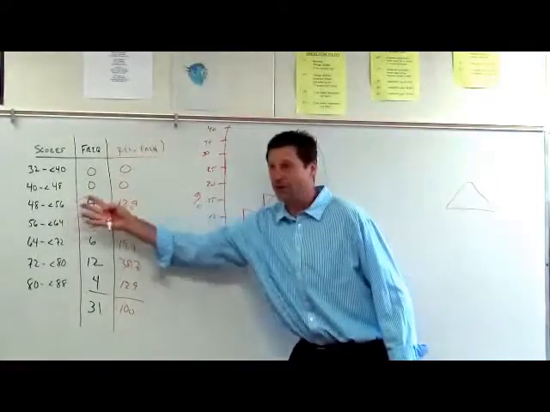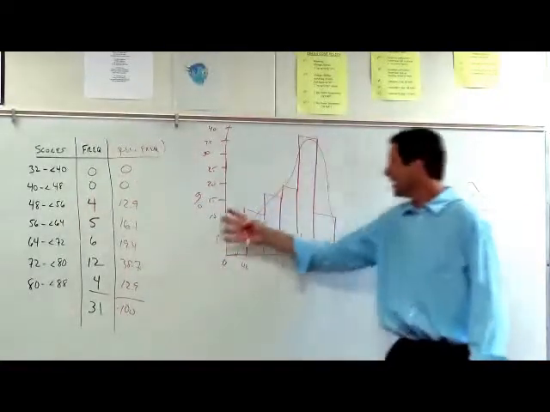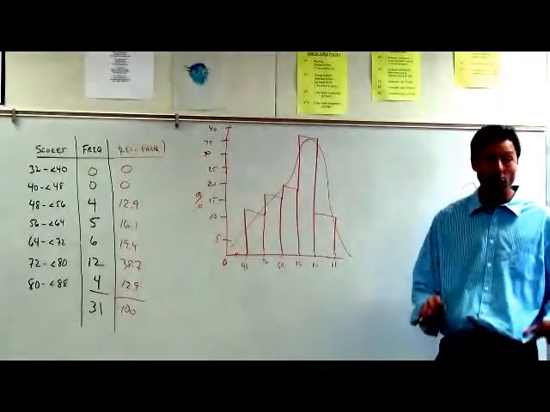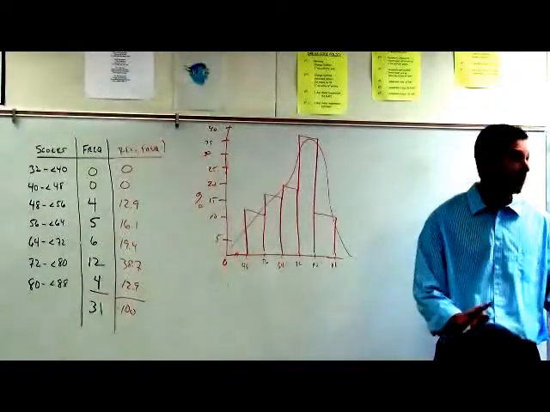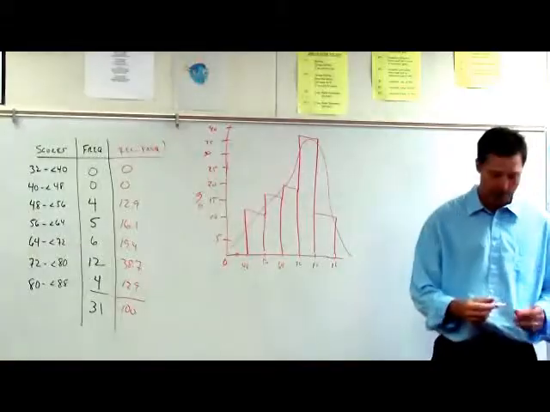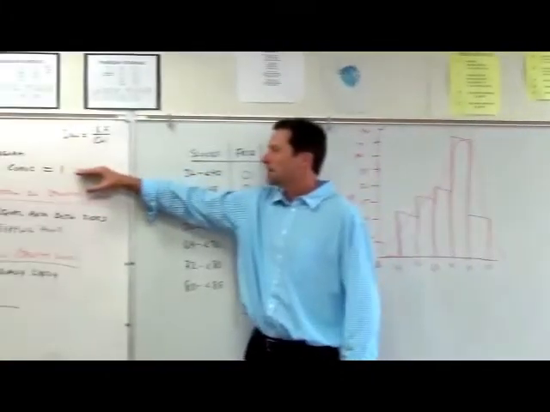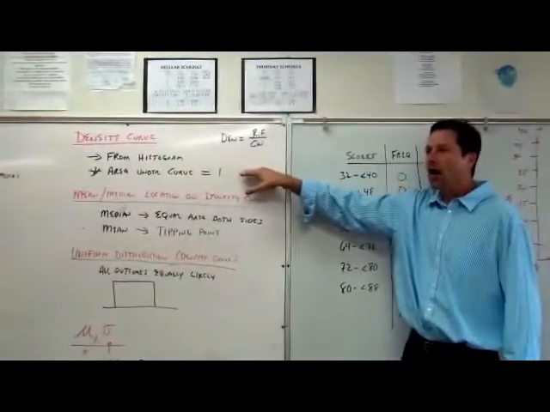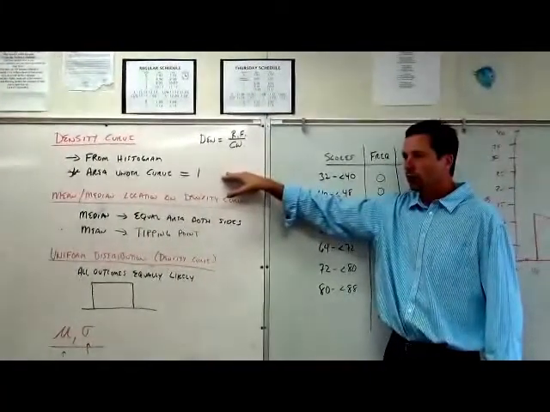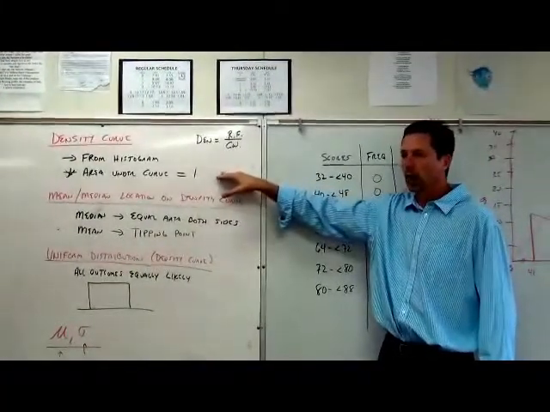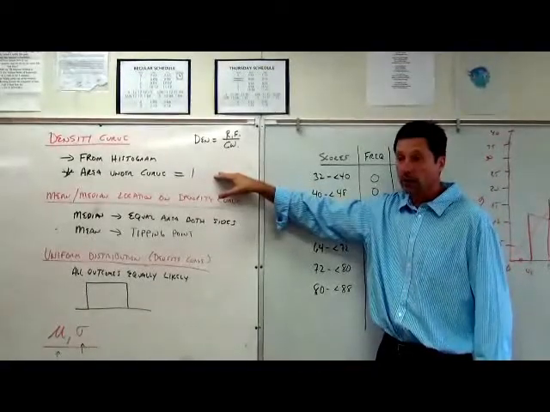We know some classes, we figured out how many were in each class, we got a percentage, and we drew a histogram. So that's where all these curves came from. Now, the second thing, the big thing I need you to remember today, is that the area under a density curve is going to equal 1, or 100%.